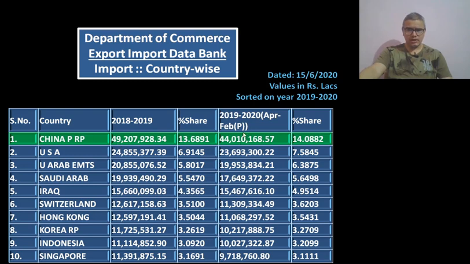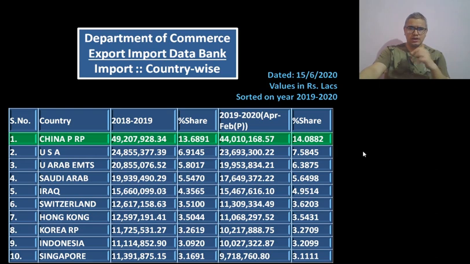Okay, and in 2019-20 we imported almost 4.4 lakh crores worth of goods from China, and the percentage share increased slightly from 13.6 to 14% of our total import. So we are very much dependent on China in terms of import.